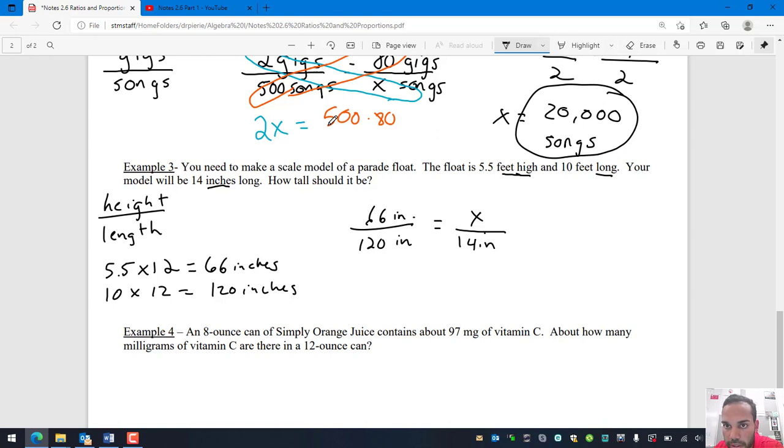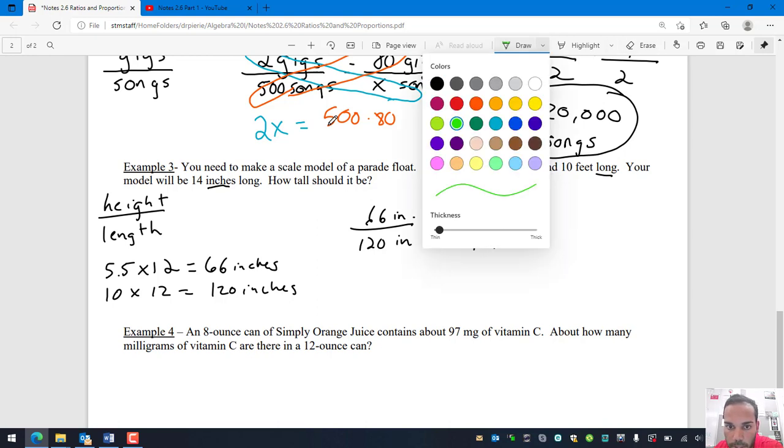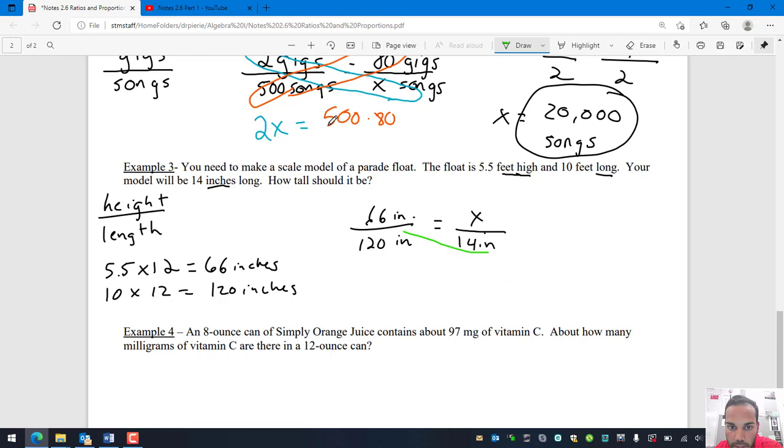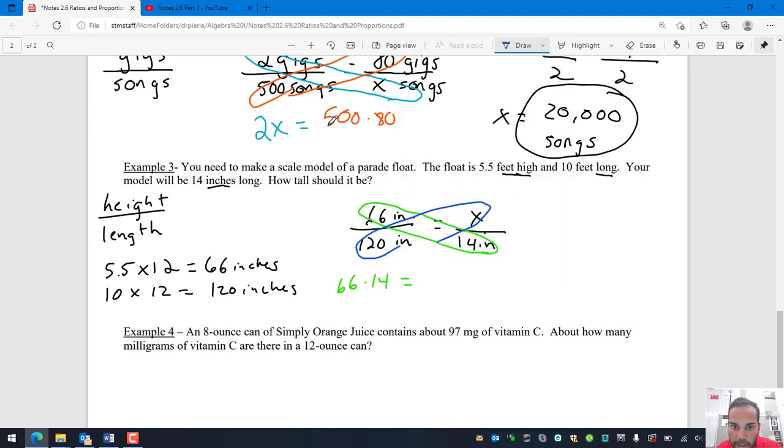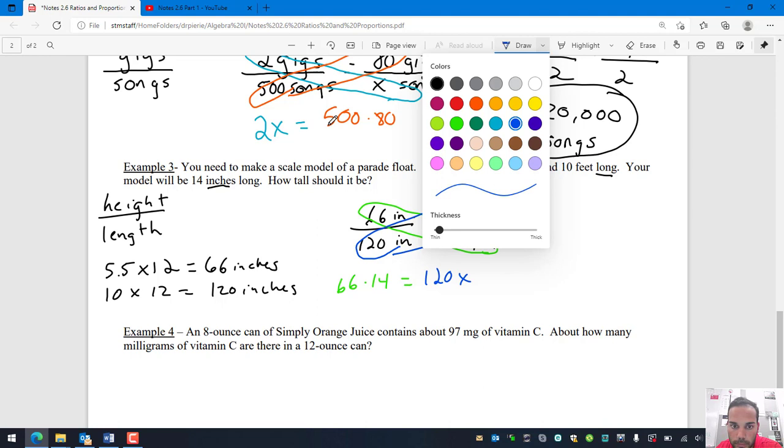Okay, once you have the setup, go ahead and cross multiply and see what this thing looks like. First thing you'll see here is 66 times 14, and that's going to be equal to my other diagonal, 120 times X. Clean this up a little bit.